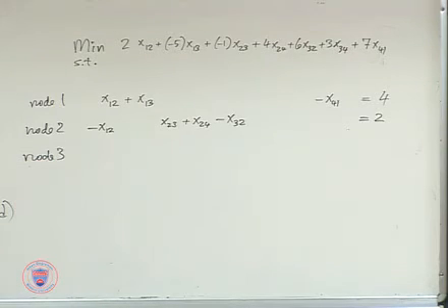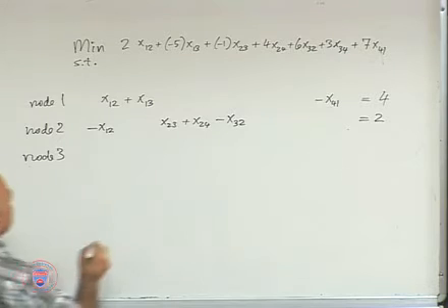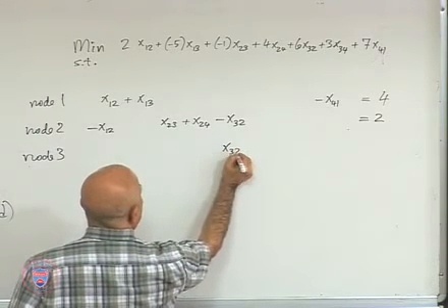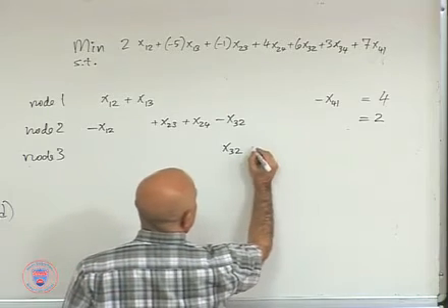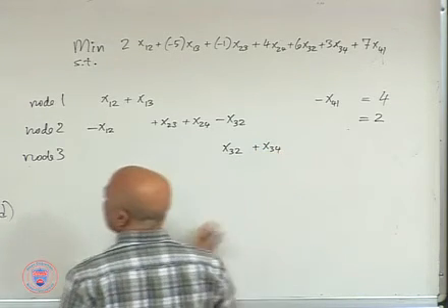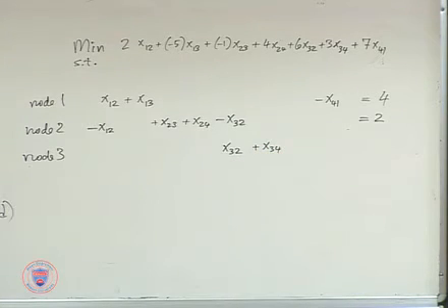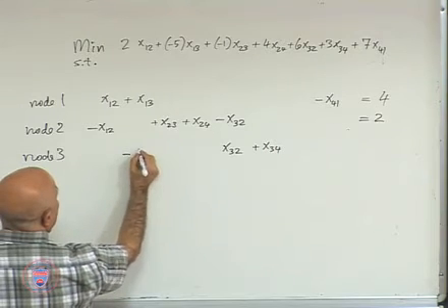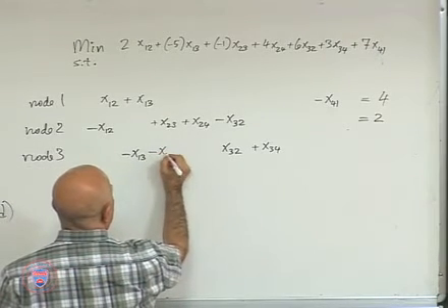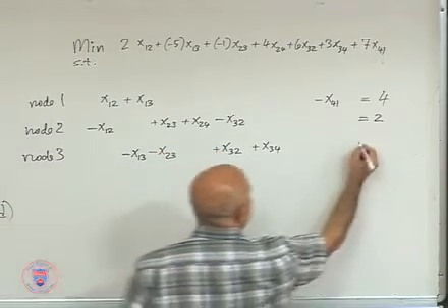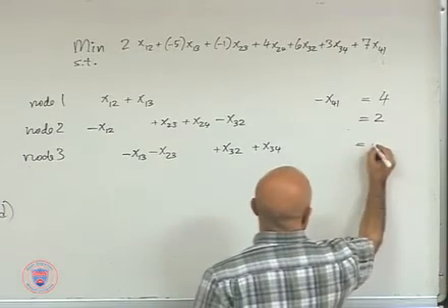Node number 3. Outflow x32 and x34, inflow of x13, and then inflow of x23. That's equal to -1.